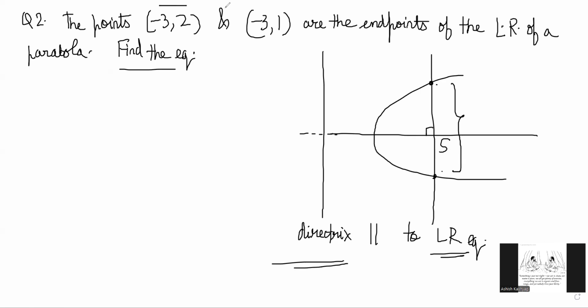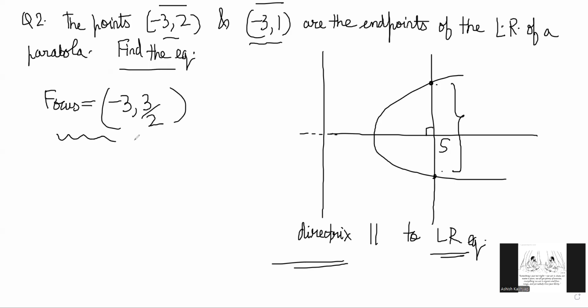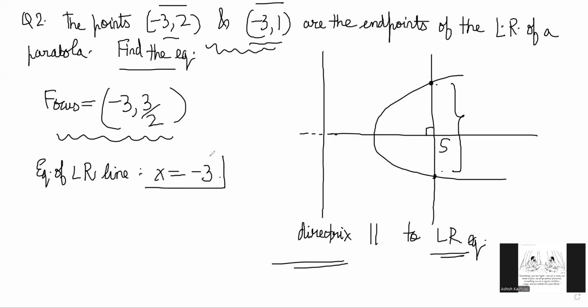So from here, we can easily find the focus. Since these are the endpoints of the latus rectum, the focus is the midpoint of that. So it will be -3 and (1 plus 2) by 2, so 3 by 2. So the focus is known. It is (-3, 3/2). And looking at these 2 points, we can see that the equation of the latus rectum line is simply x is equal to -3.